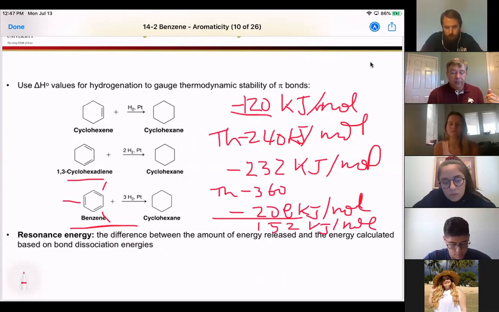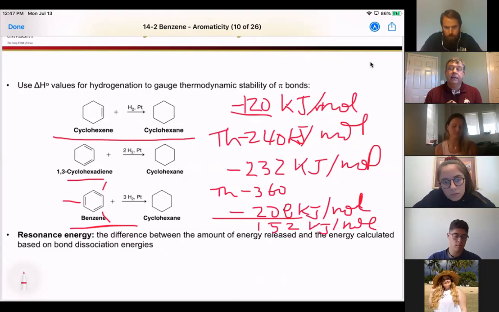If we looked at the heat given off by hydrogenating cyclohexene with just one double bond in it, we see that it gives off 120 kilojoules per mole, okay? So if we had a cyclohexane with 2 alkenes in it, in theory, it should be twice as much heat given off during that hydrogenation.